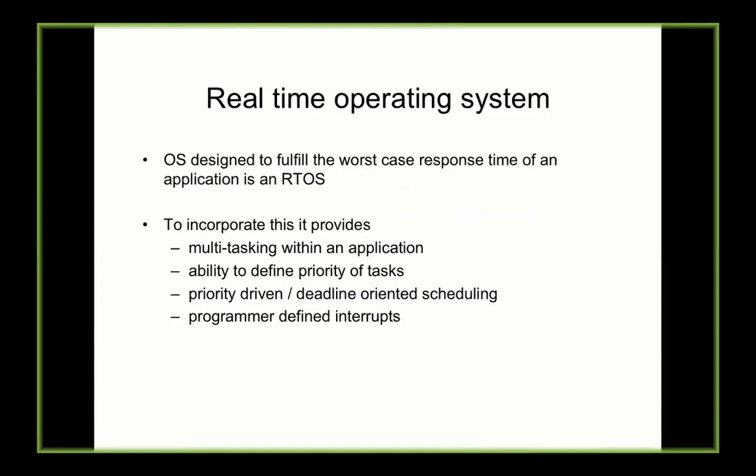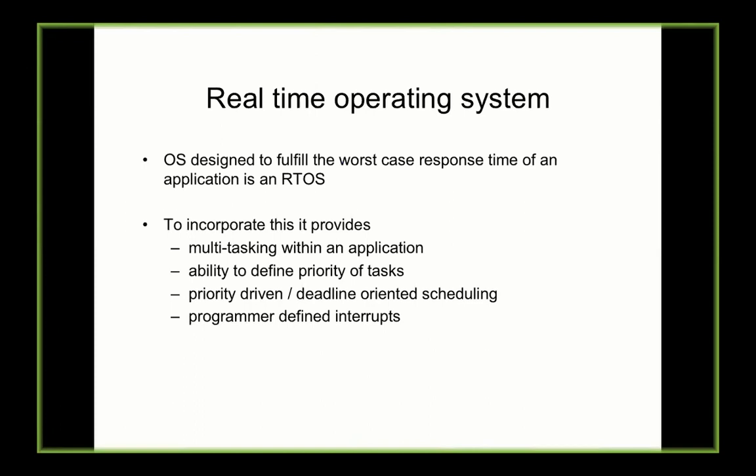A lot of OSs are available. And what they provide is a lot of features. They provide multitasking capability with an application. They provide ability to define priorities for tasks. They allow you to have event-driven applications through certain unique priorities, or you can have some deadline-oriented scheduling. Of course, they may not provide it, but you may have provisions to learn and apply them.